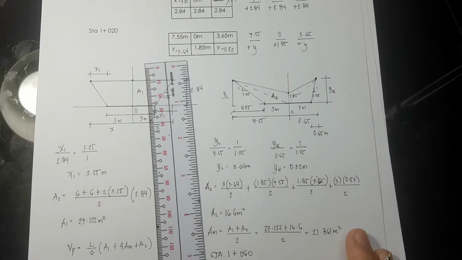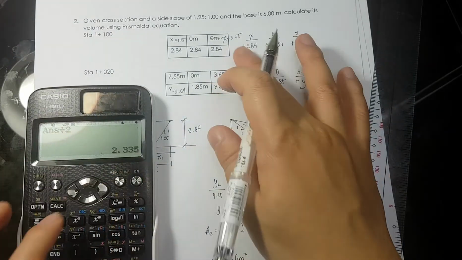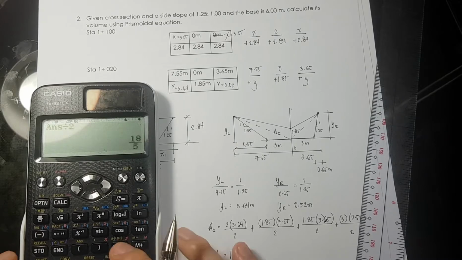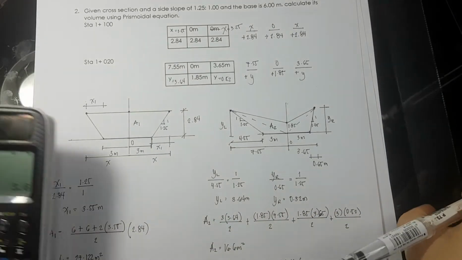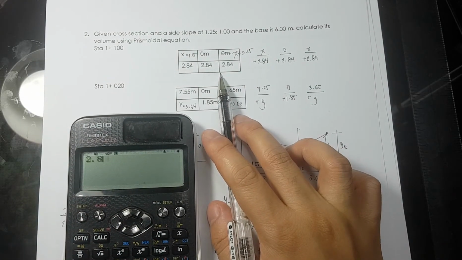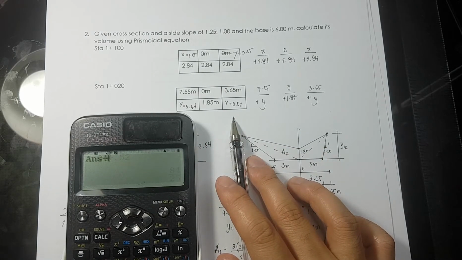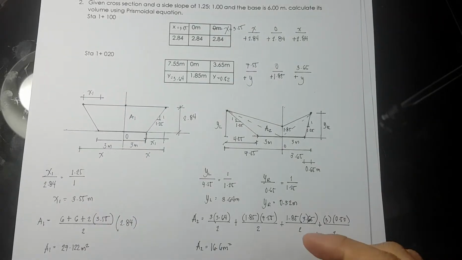Now, to the right of the center, we have here yung x natin is 3.55 plus 3.65 divided by 2. So that is 3.6, and for the vertical we have 2.84 plus 0.52 divided by 2, and that is equivalent to positive 1.68.